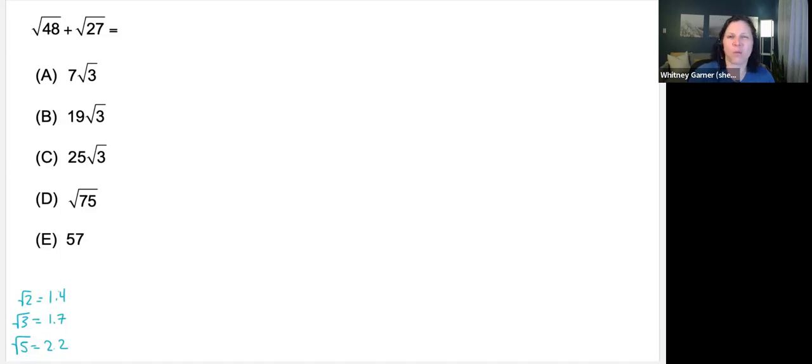So for example, what is the square root of 48? Well, I have no idea, but I can benchmark it. When I say benchmark, I think about things like this. I know that the square root of 25 is 5, the square root of 36 is 6, and the square root of 49 is 7.